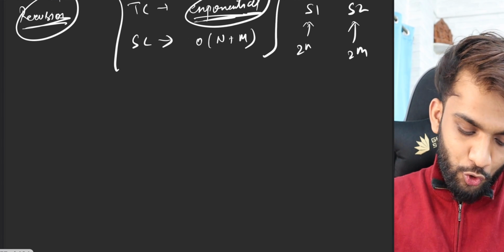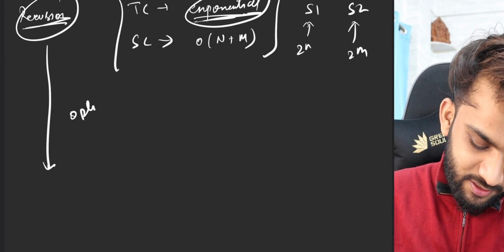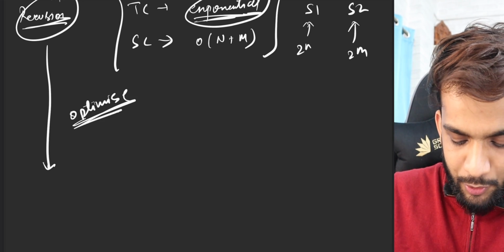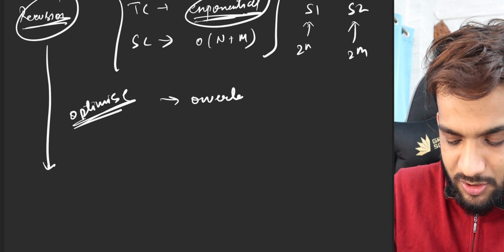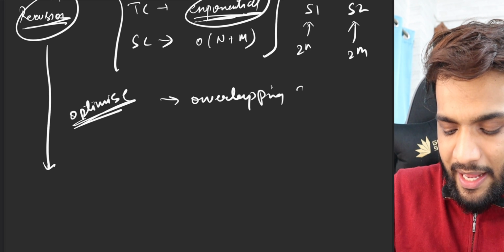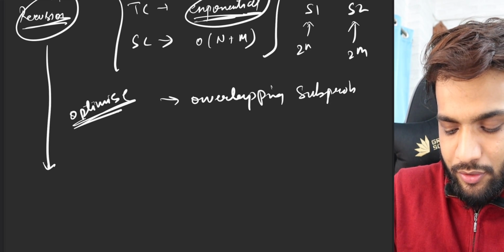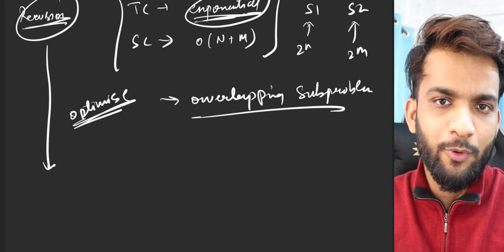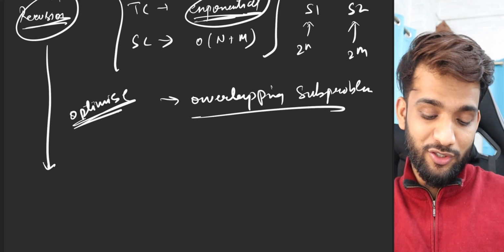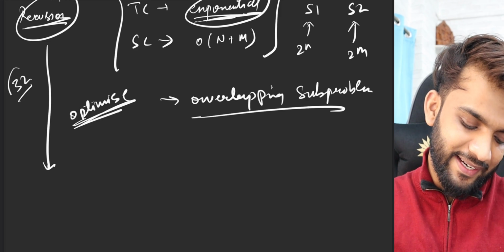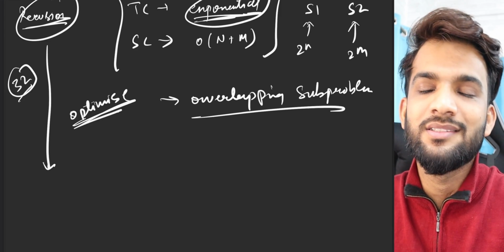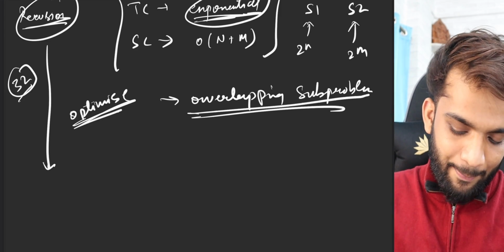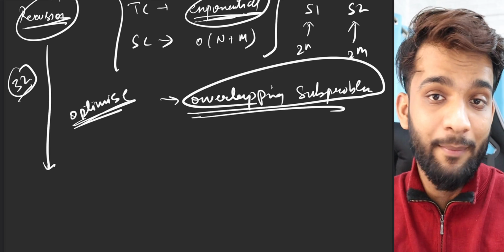So I know one thing for sure, I can optimize this due to overlapping subproblems. Yes. Due to overlapping subproblems, you can try out drawing the recursion tree and you will see overlapping subproblems. I am not drawing it because this is the 30th lecture of the dynamic programming series and I have been telling this all over, so there is no way I'm doing that.